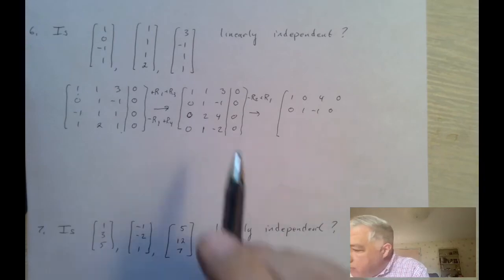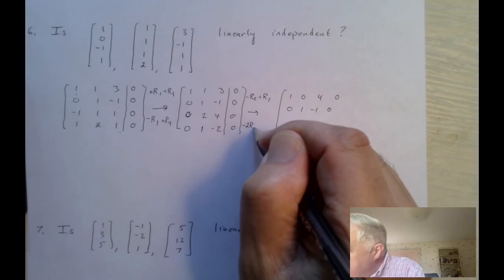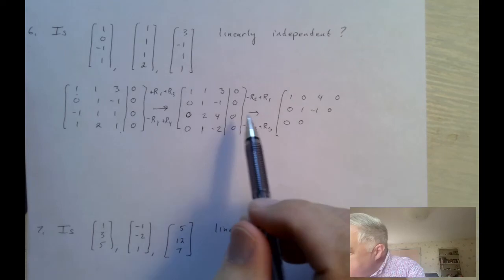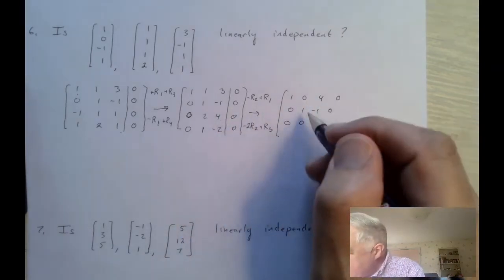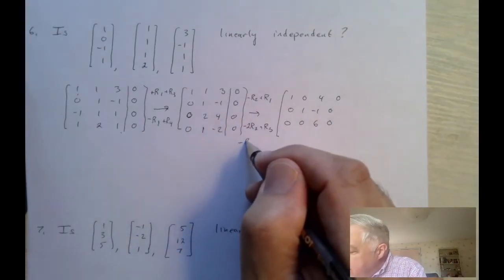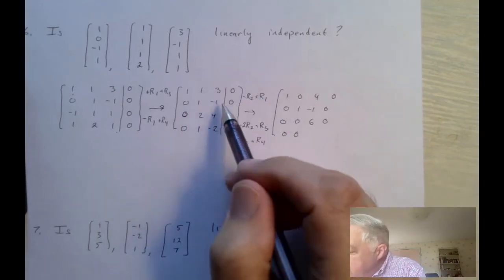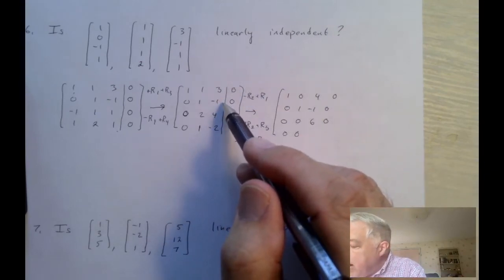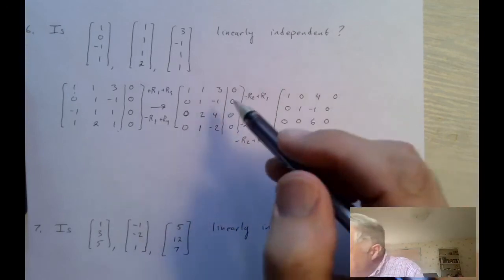Then we want to get rid of this 2, so we'll have negative 2 R2 plus R3, and that gives us 0, 0. Negative 2 times negative 1 is 2, so this becomes a plus 6. And then we want to get rid of this 1, so we'll have negative R2 plus R4. That'll be 0, 0, and then this is going to be plus 1. This is going to be, did I do this?